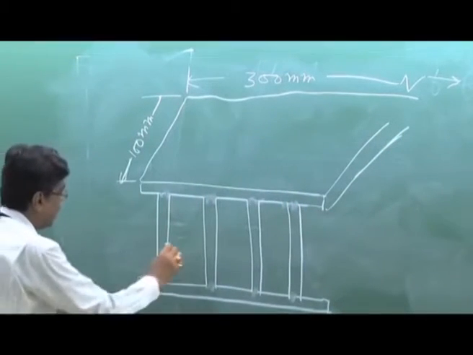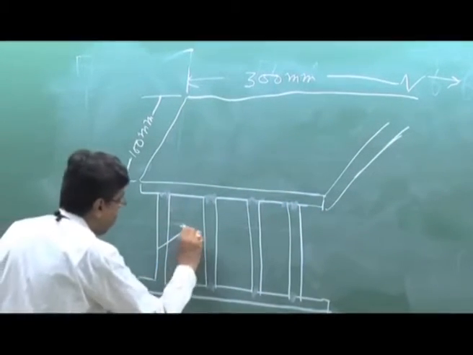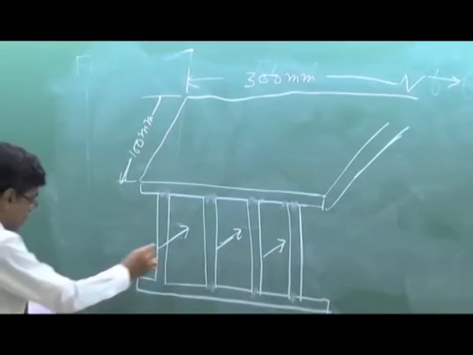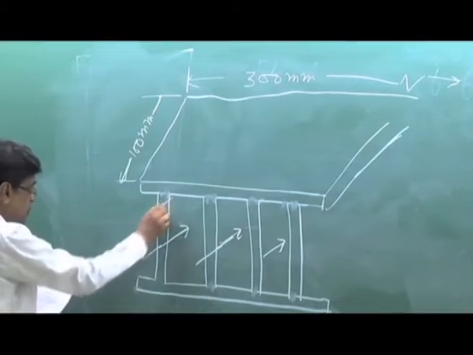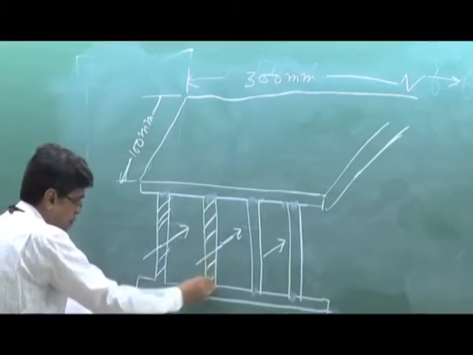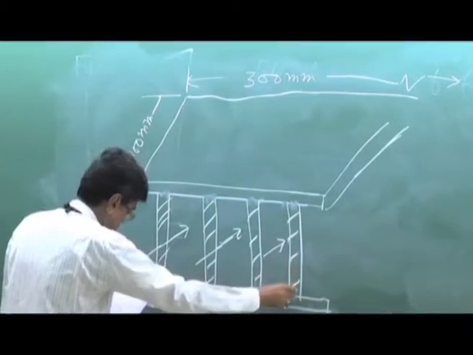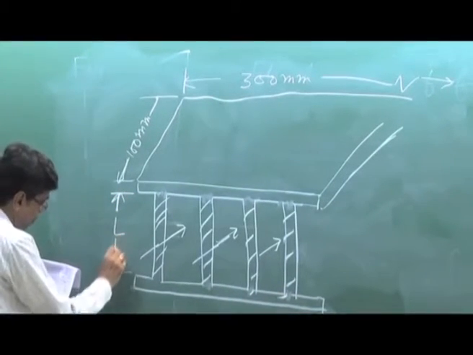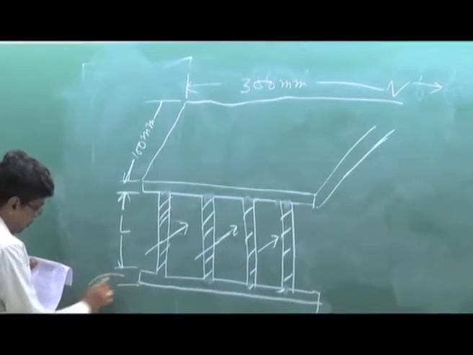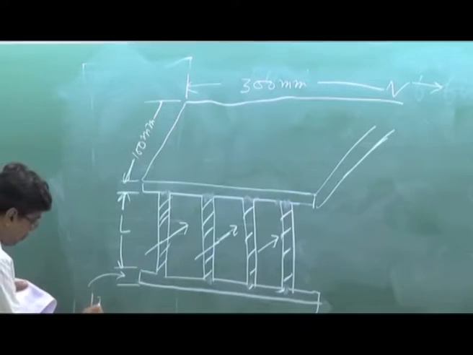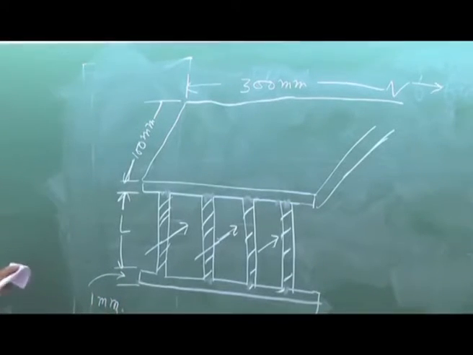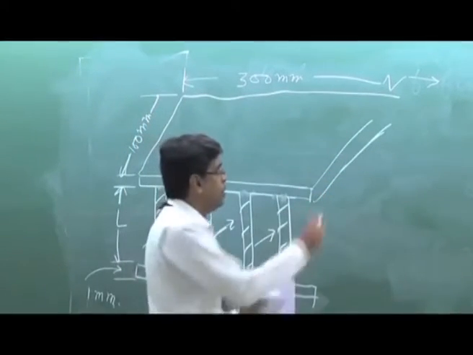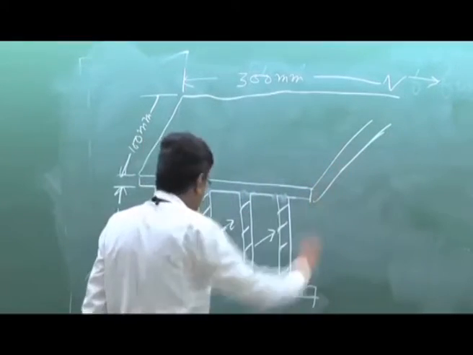This is the tank. Now here this is the flow of air. Now this is the geometry, 100 millimeter depth, 300 millimeter width. This is continued. This is a cut section.